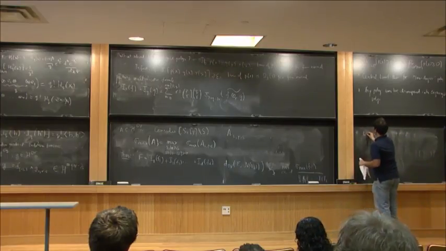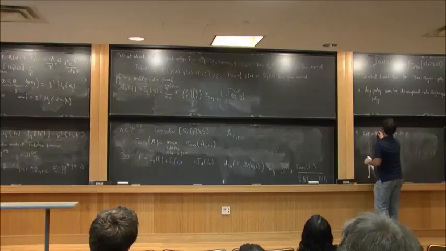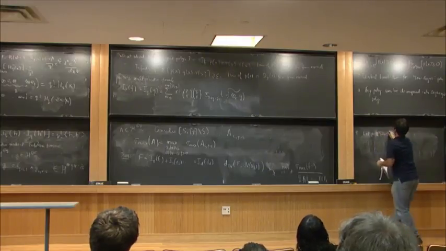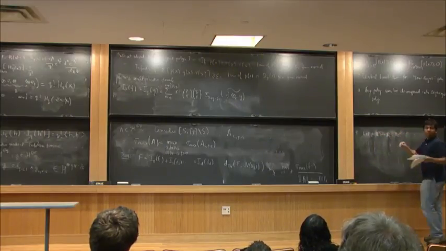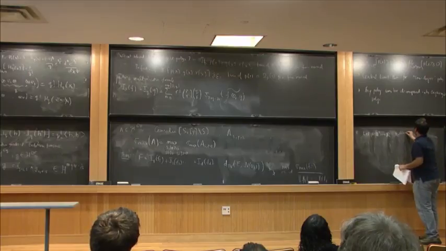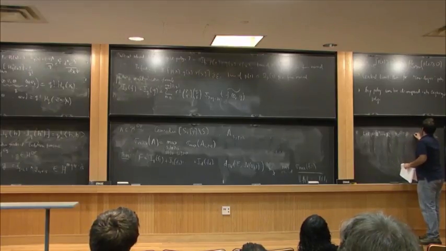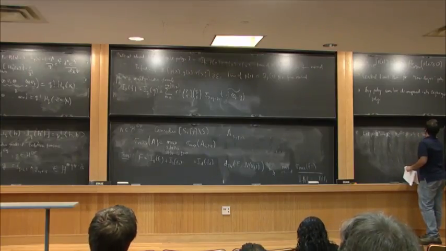So let P, from R^n to R, be a homogeneous Hermite polynomial of degree d with variance 1.